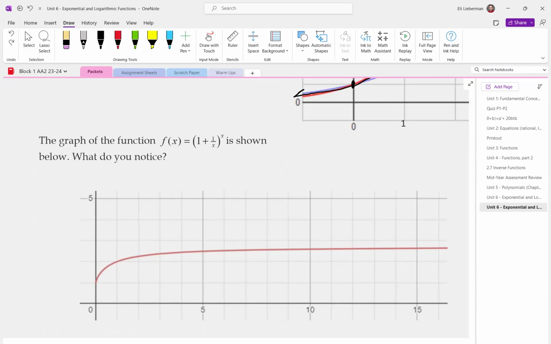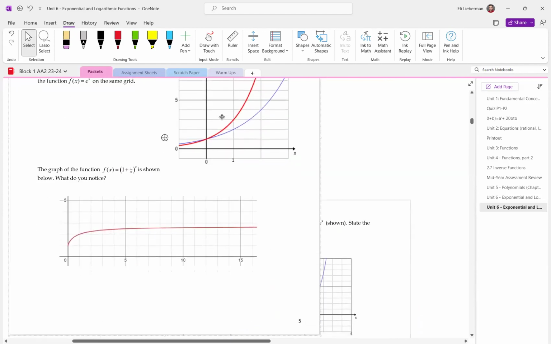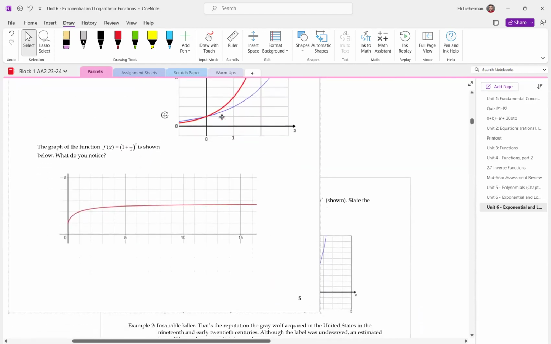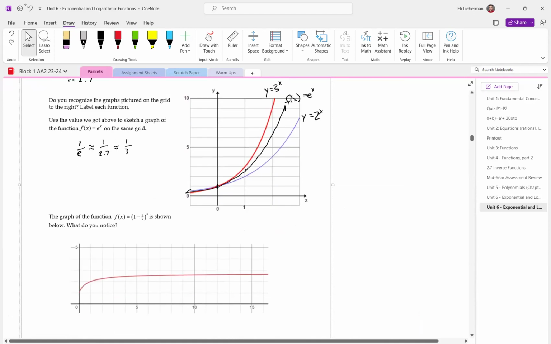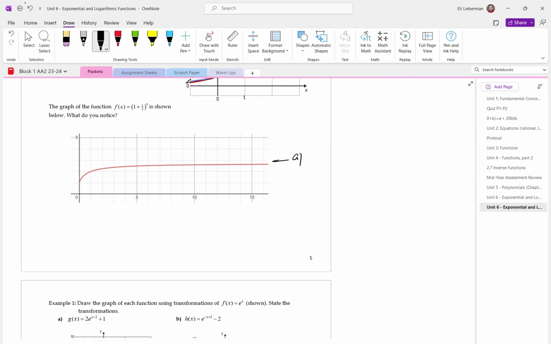Right, that e is an asymptote to it. So y is approaching e.